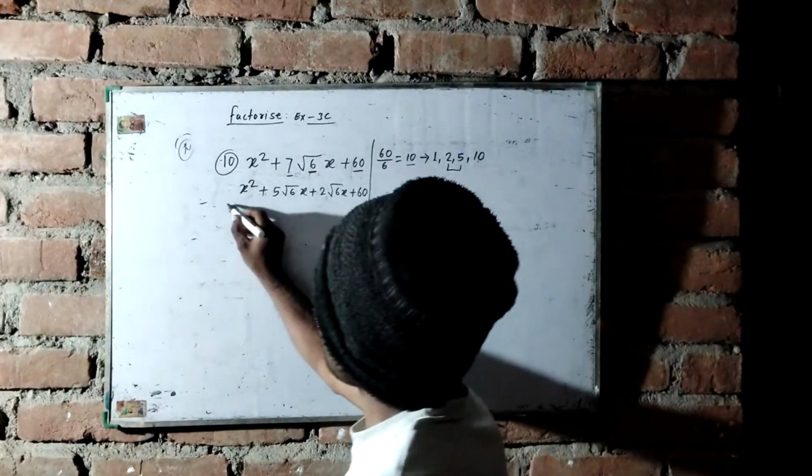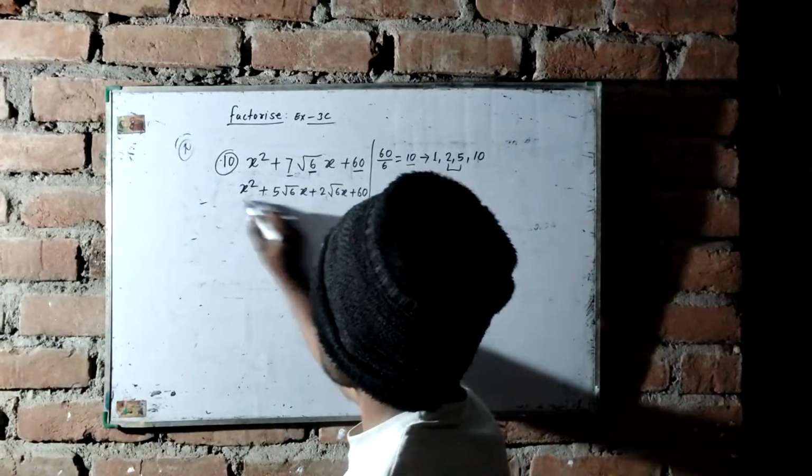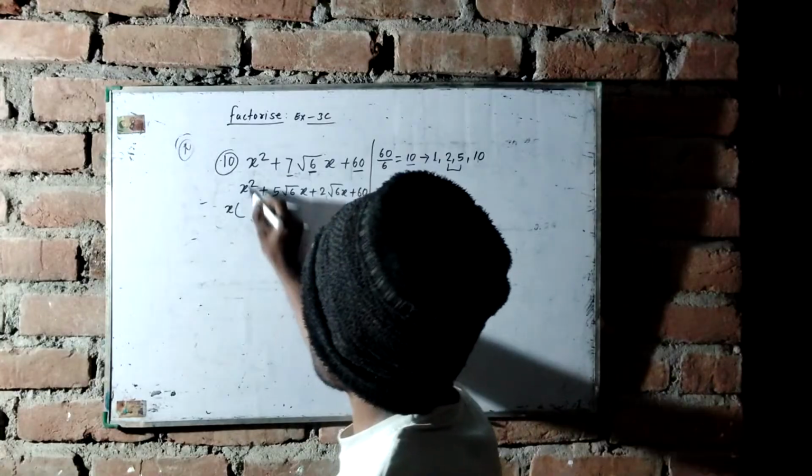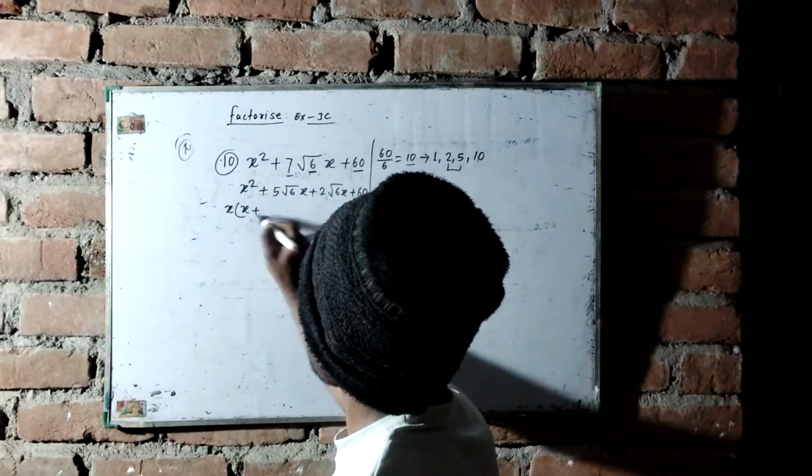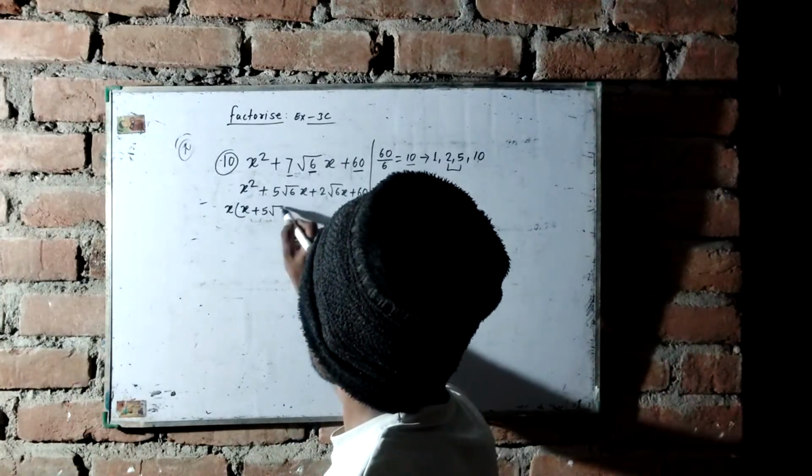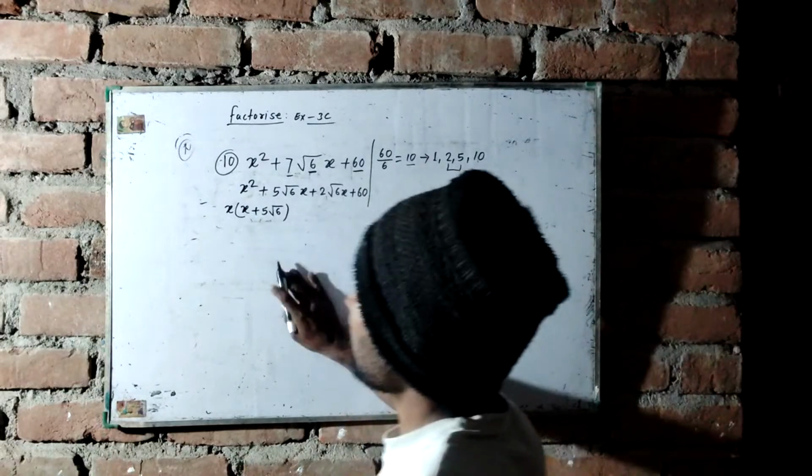So now we take x as a common and we can write x plus 5 under root 6 as a multiple.